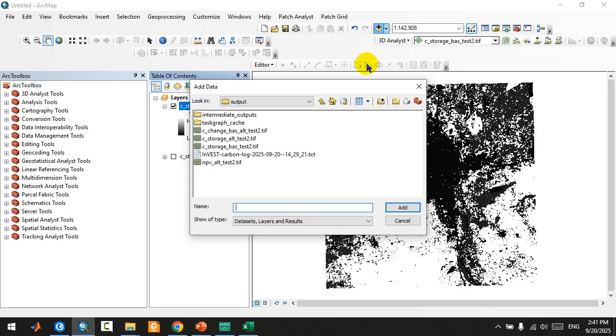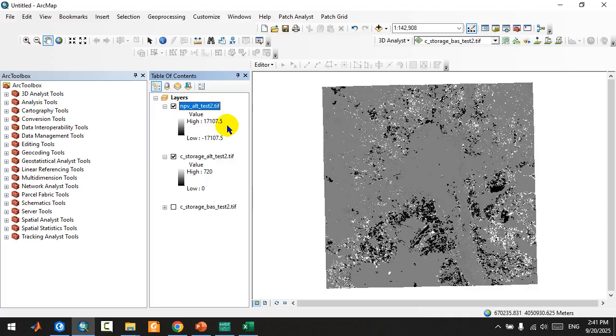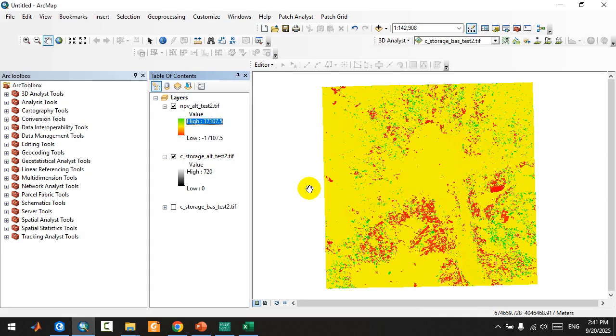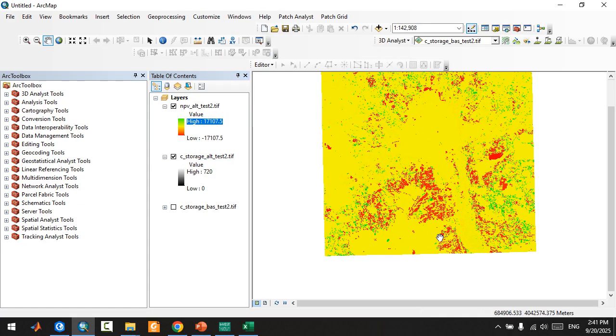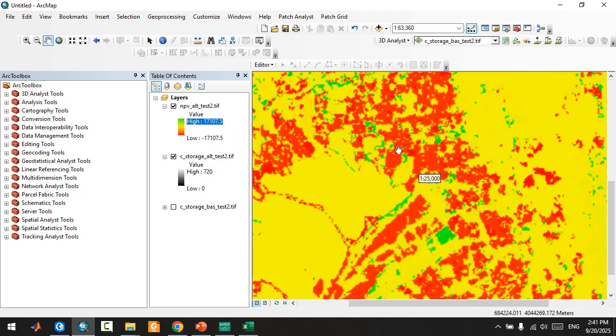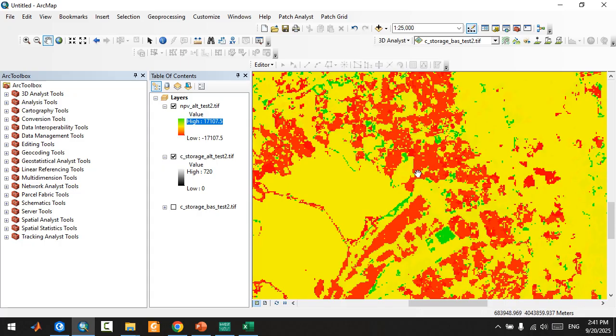Okay, and add data, NPV in dollars. Okay, in the color standard, the red pixel is the NPV rate of carbon, emitting carbon into the atmosphere from the red colored pixel.